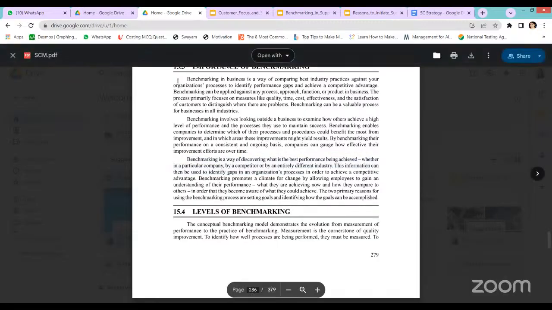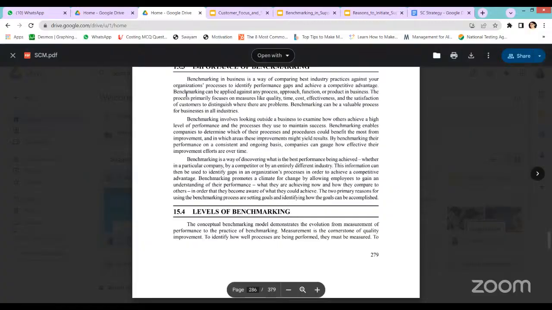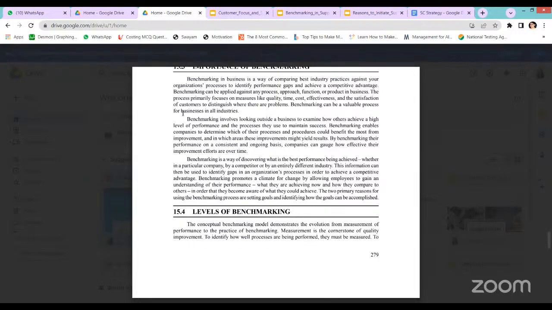So benchmarking helps to analyze or assess the company's processes within the organization itself, its approach, functions, and product-related issues, and identify the gaps. It also allows you to look outside the business and examine your competitors: how others are achieving and meeting high-level performance, where you are lacking, and what procedures they are following.